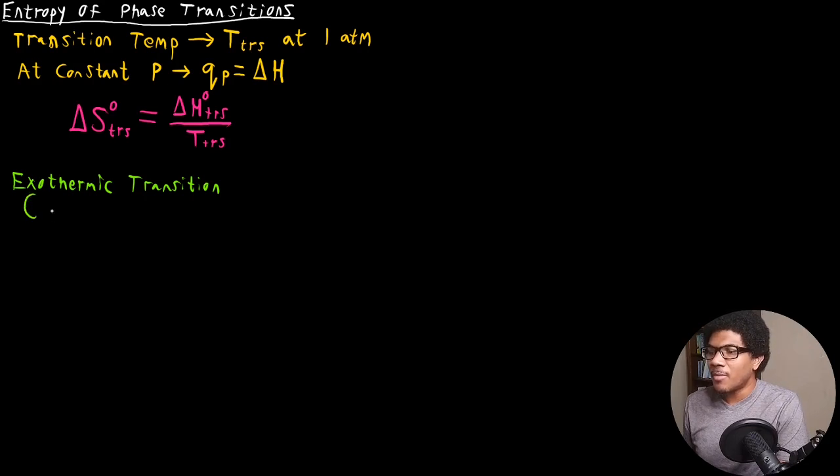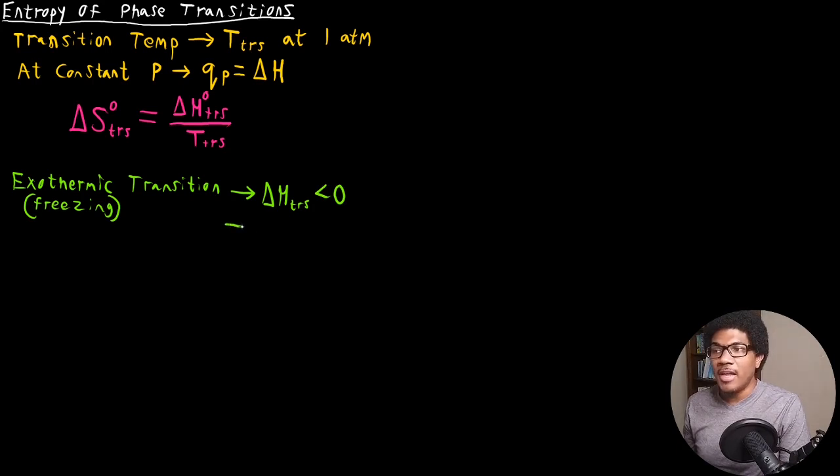This could be something like freezing or condensation. Any transition where you're releasing heat as that phase transition occurs. What that means for enthalpy is that delta H for the transition is going to be less than 0.